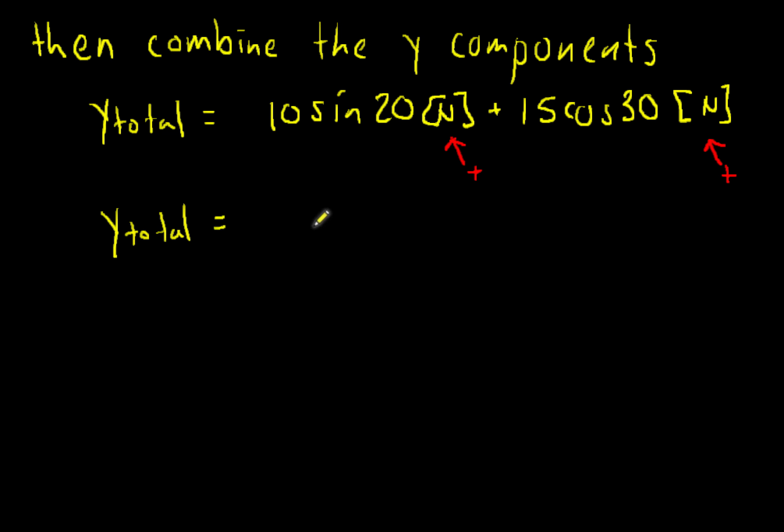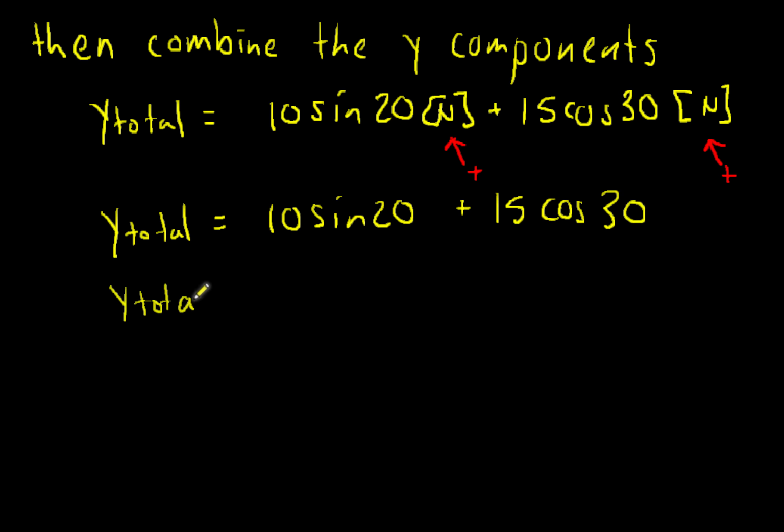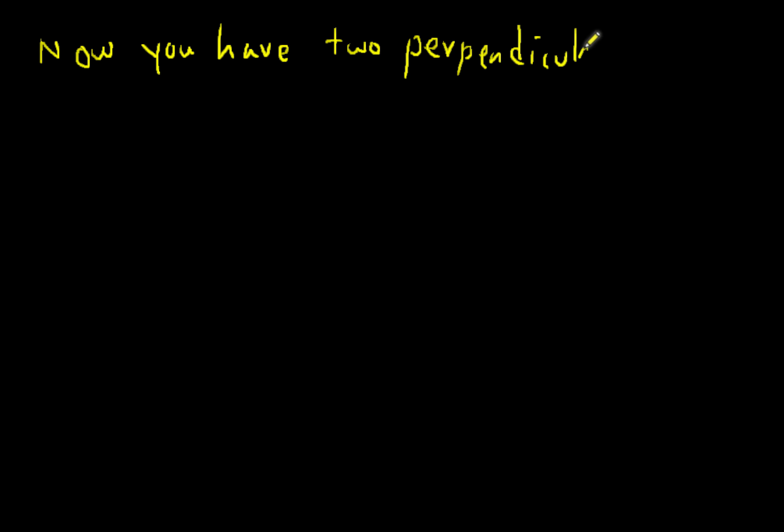This gives us y total equal to plus 10 sine 20 plus 15 cos 30, which is 22.38731 to the north. Now you have two perpendicular vectors, x total and y total, created by combining the components of the original two vectors.